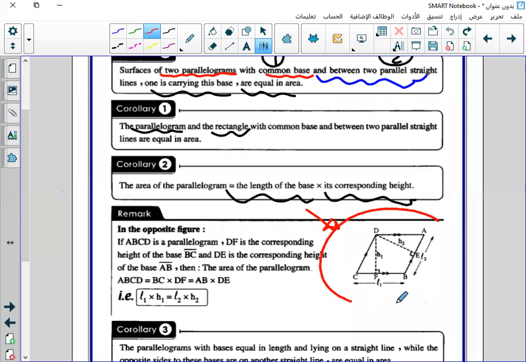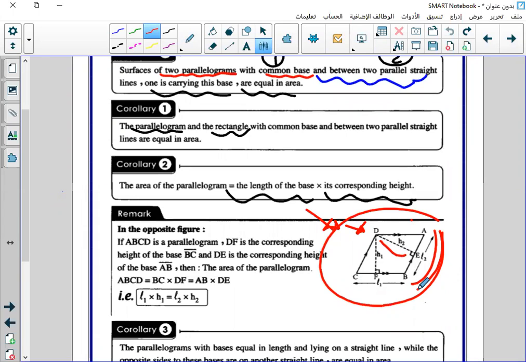In the opposite figure, ABCD is a parallelogram. If AB is the base, then what is the corresponding height? It's DE, because the vertex D is opposite to the base AB. So the base is AB and the corresponding height is DE.